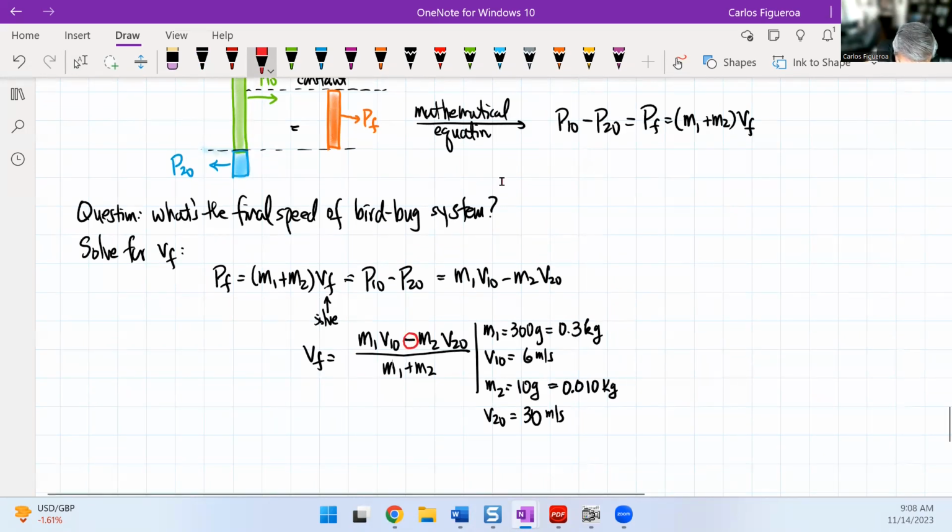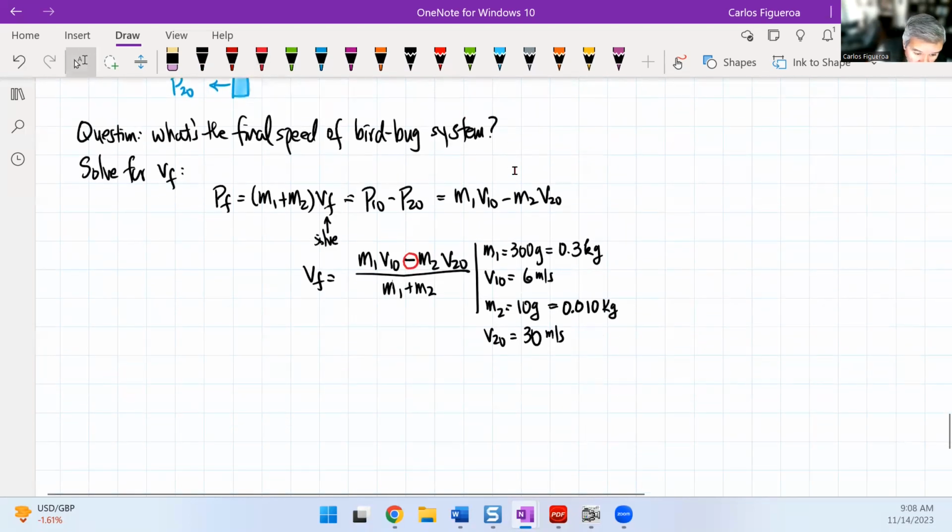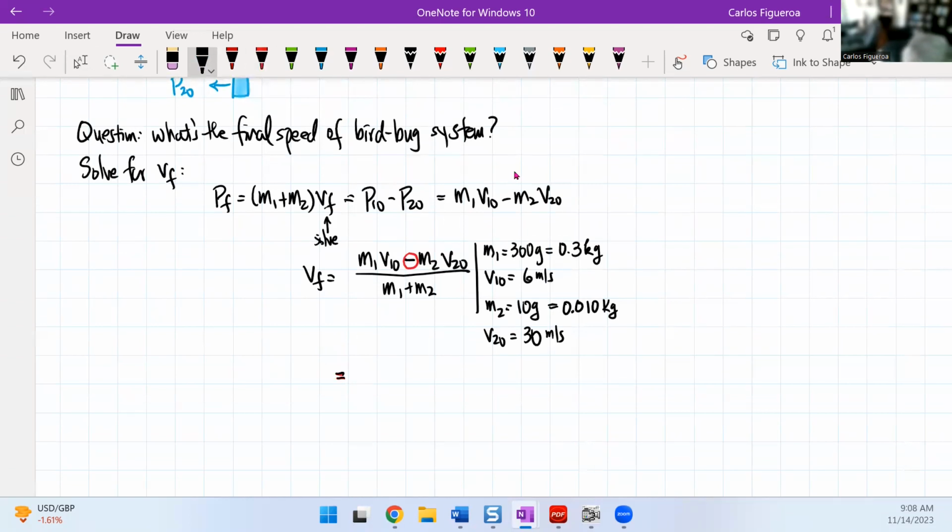So now I'm just going to plug in all my numbers. This is going to be 0.3 kilograms times 6 meters per second minus 0.01 kilograms times 30 meters a second.